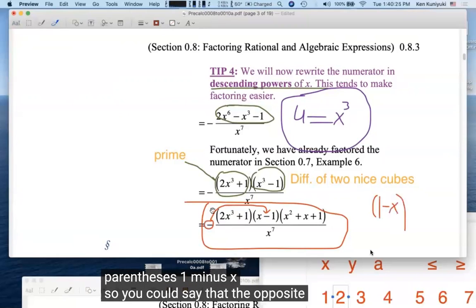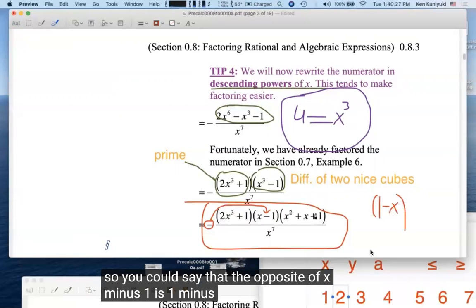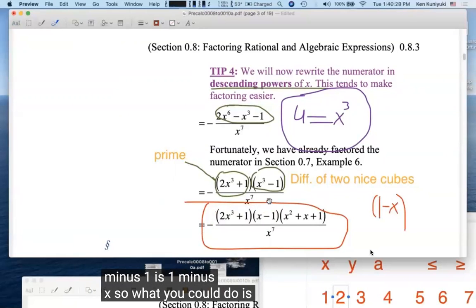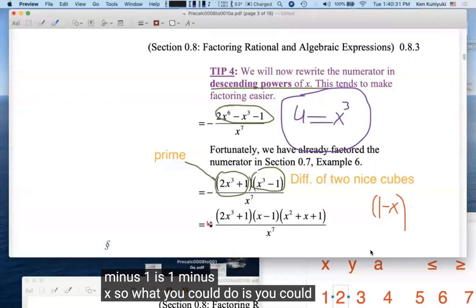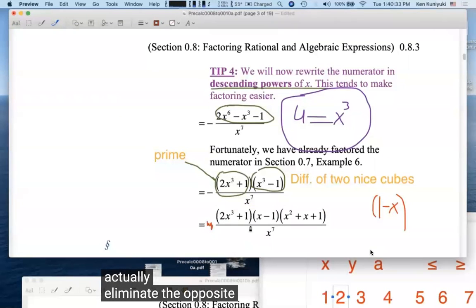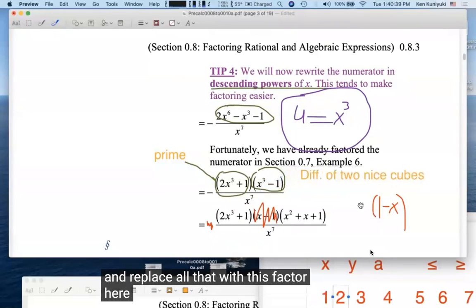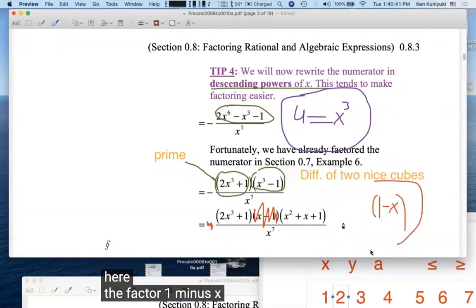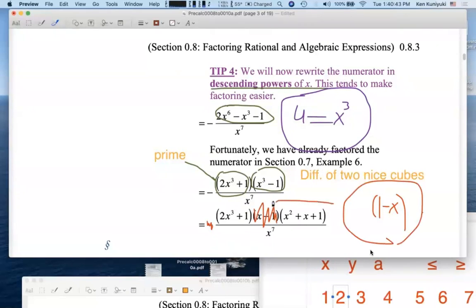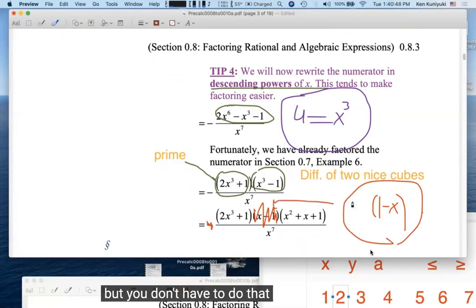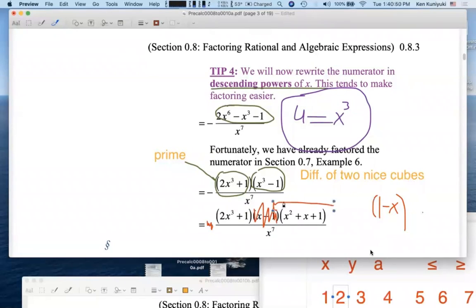So you could say that the opposite of x minus 1 is 1 minus x. So what you could do is eliminate the opposite sign and the x minus 1 factor and replace all that with the factor 1 minus x. But you don't have to do that. This is perfectly okay.